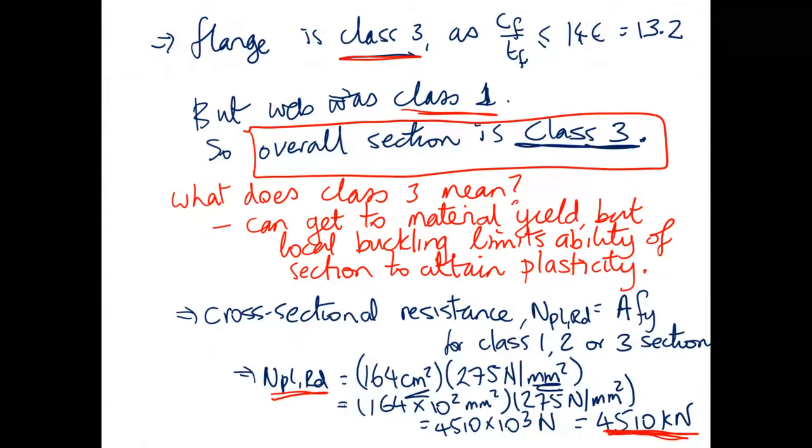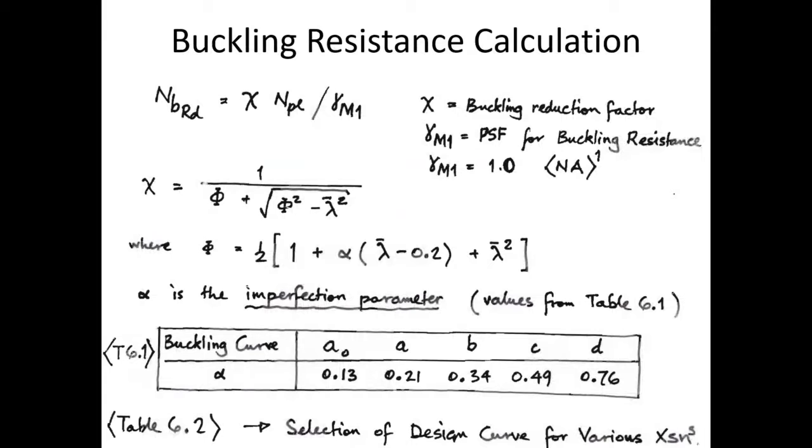We might have global buckling, so that's the next check, the lateral buckling. This is the second check that we're going to do, which is the lateral, also known as global or flexural.